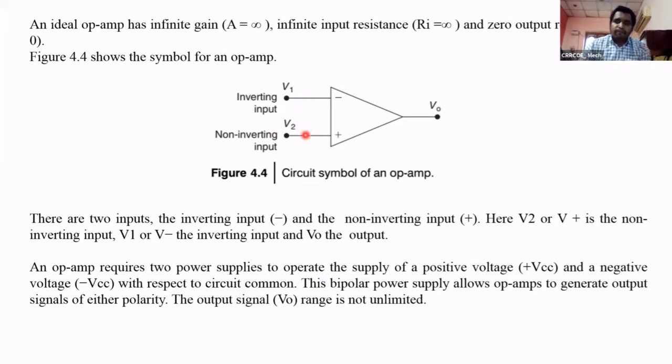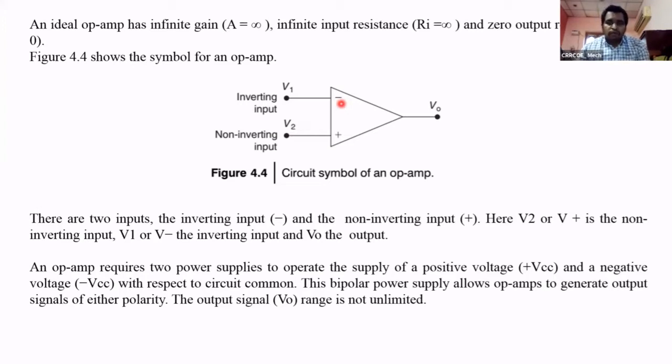Okay, suppose V2 is grounded, meaning the voltage at 2 is 0, then automatically the voltage at V1 is also 0. That means the voltage at the positive terminal is equal to the voltage at the negative terminal. This is called virtual short.